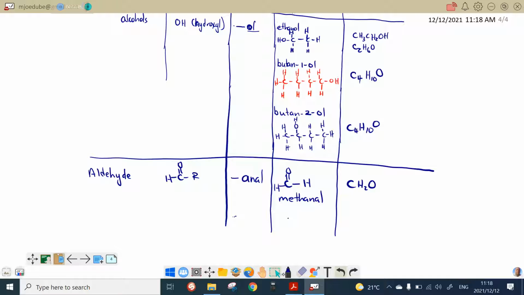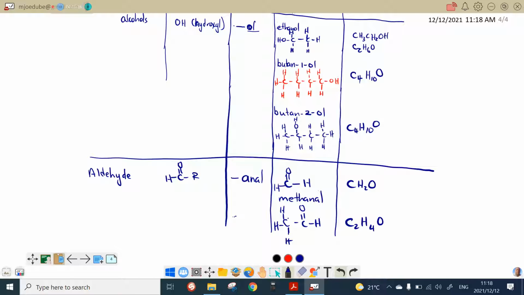So this should have been two carbons, a double bond, that's a carbonyl group, and then it's terminal, on the last carbon of the chain. And then again it's going to be C2, H, 1, 2, 3, 4, H4, and then O.